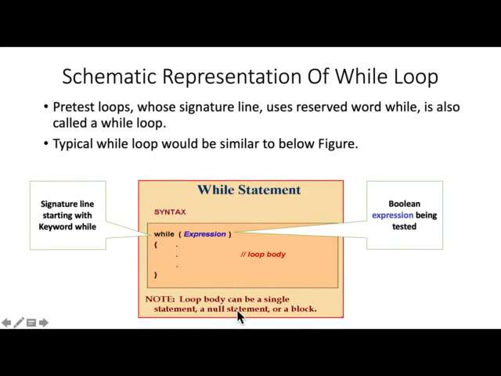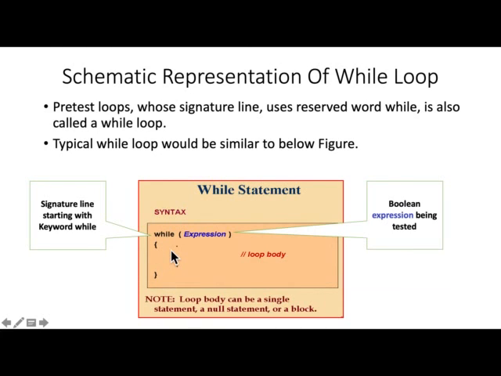I have it here, but it shouldn't be null, because at least the loop condition has to be updated. So strike this out. No null statement. It has to have at least one statement that will affect this loop expression. So that's the syntax: while, expression, left parenthesis, right parenthesis. In between these two are the loop statements. That's called the loop body, by the way.